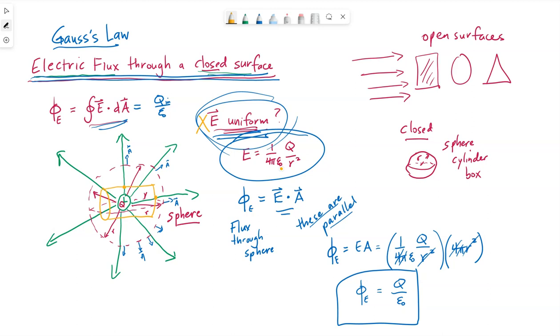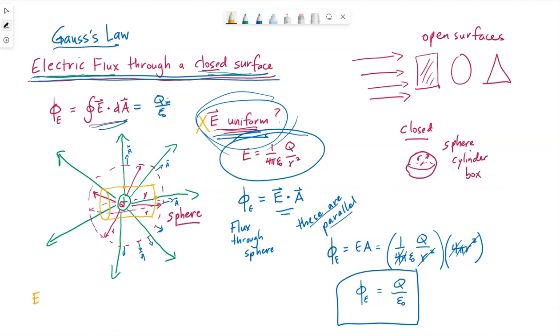But if you recall, if we have a pictorial representation of our surface and the electric field, we can simply count the number of lines passing through. And with this cylindrical surface, all 7 of those electric field lines will pass through it.